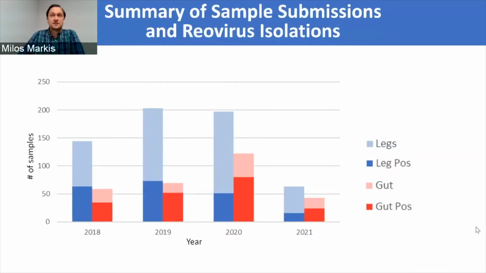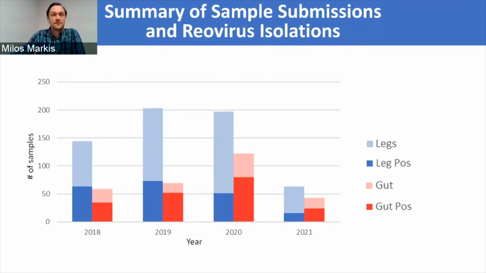This graph summarizes the total submissions of legs and intestines that we've received starting in 2018. The leg submissions are in light blue, and the dark blue is reovirus positive legs, and then the intestinal submissions are in the light red, and the dark red is reovirus positive intestinal submissions.